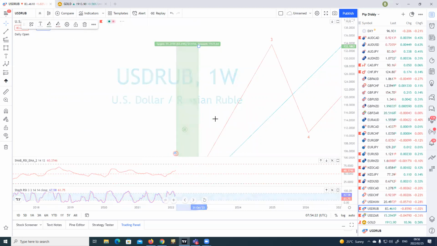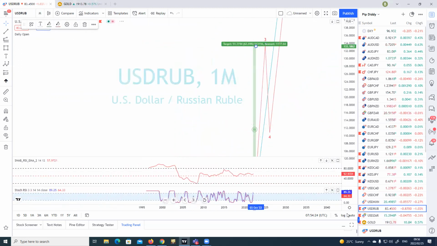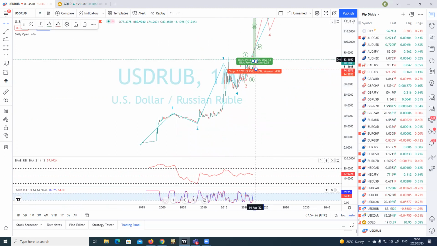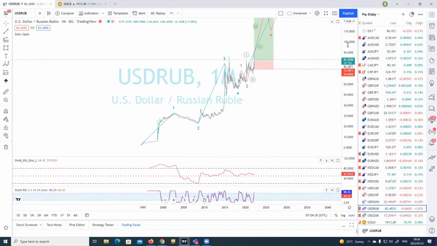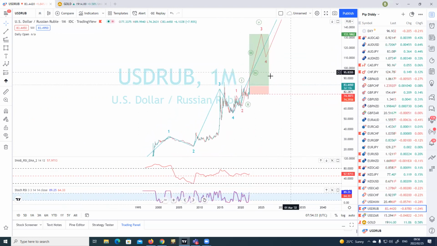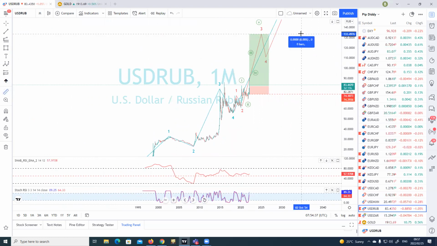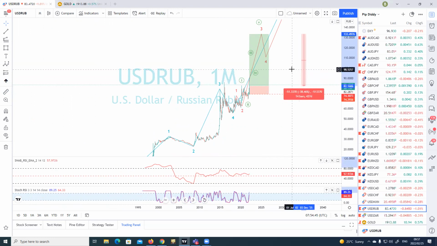So if we are to look at the monthly, this seems to be a very huge move that we are looking at here, because this is roughly about 513,000 pips.